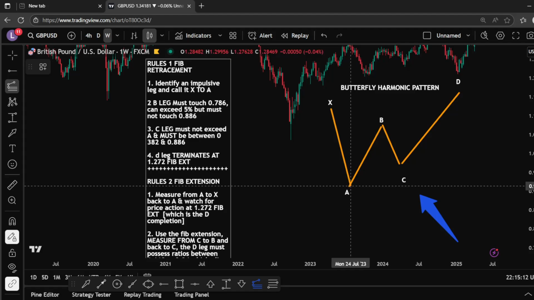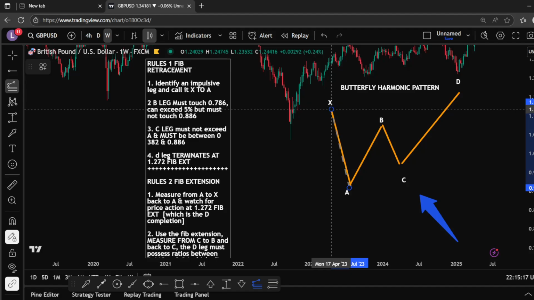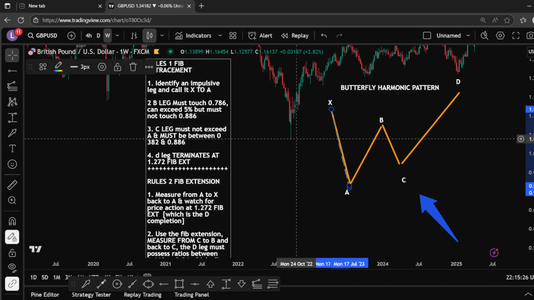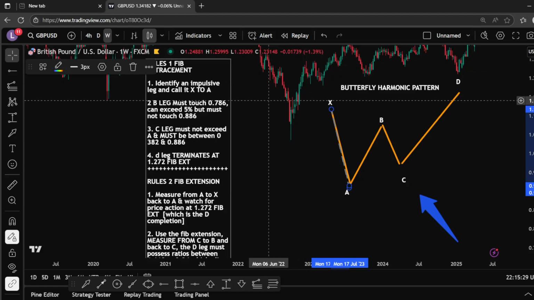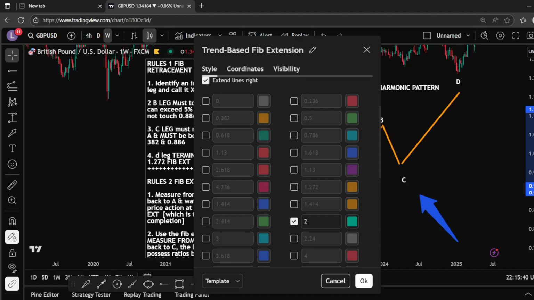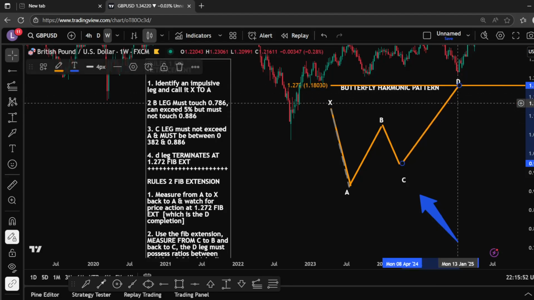You plot from A to X, back to A. The number that we need for the D leg is 1.272. So for the butterfly, the D leg completes at 1.272. This is where we look to sell.